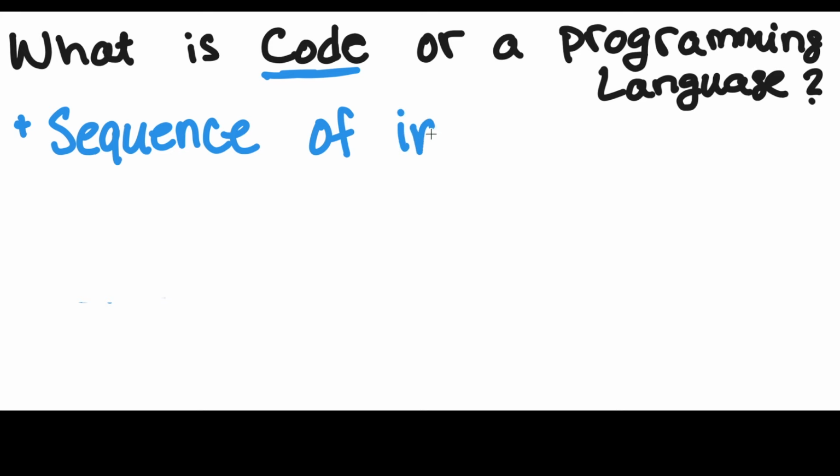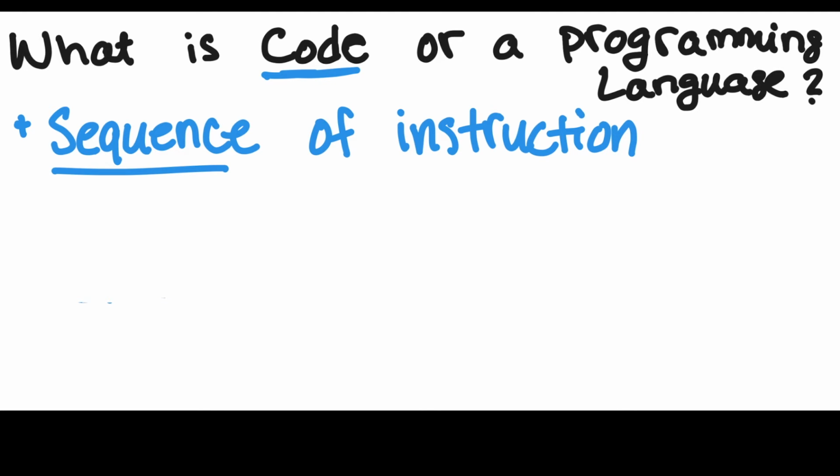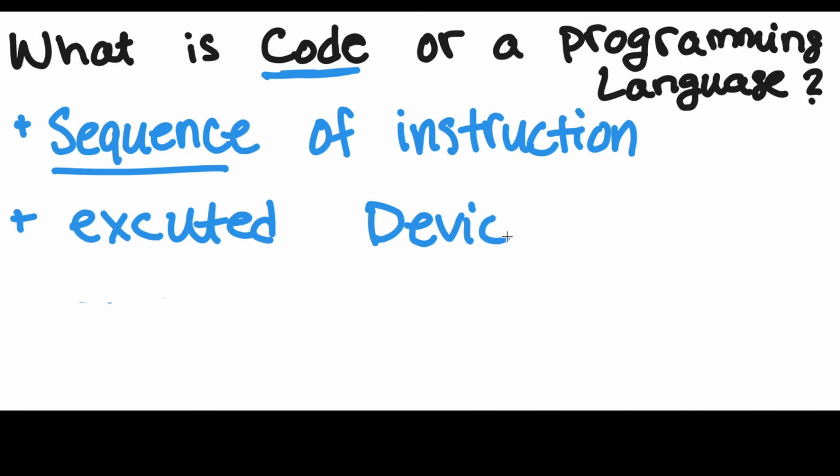Now, keep in mind, the key word here is sequence because you're going to write them in a particular order. And these instructions are going to be executed on a device. I spelled executed wrong, but on a device.